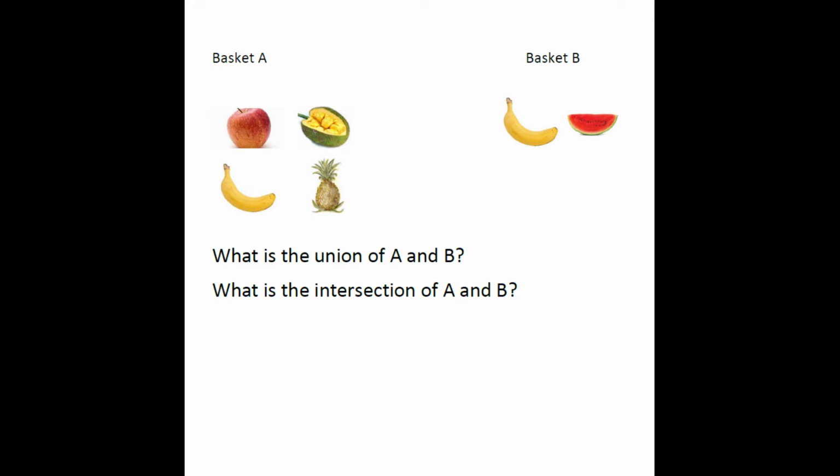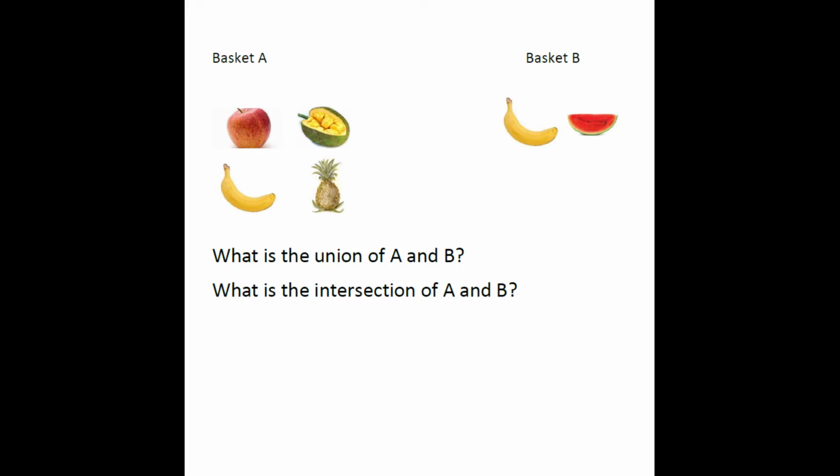Now we have 2 baskets, basket A and basket B. Basket A has 4 different fruits, and basket B has two different fruits. One is 4, another is 2. What is the union of A and B? We put them together and pick unique fruits, because basket A and basket B share banana.